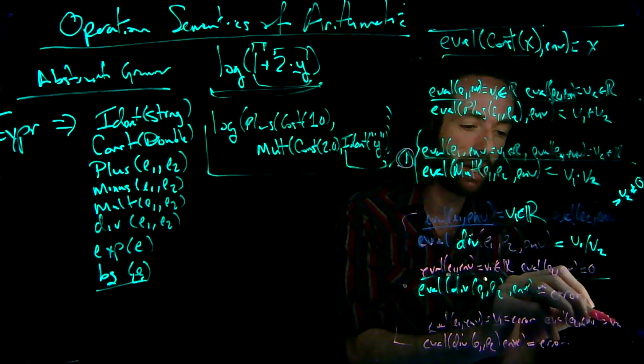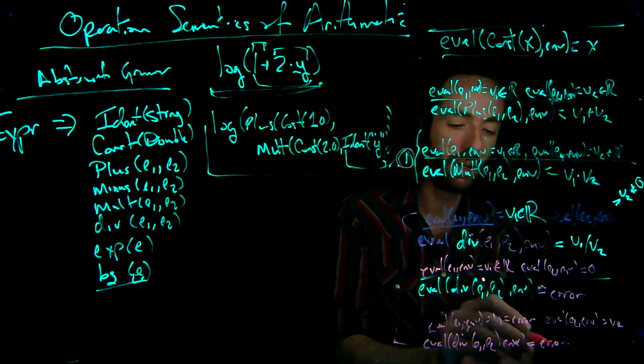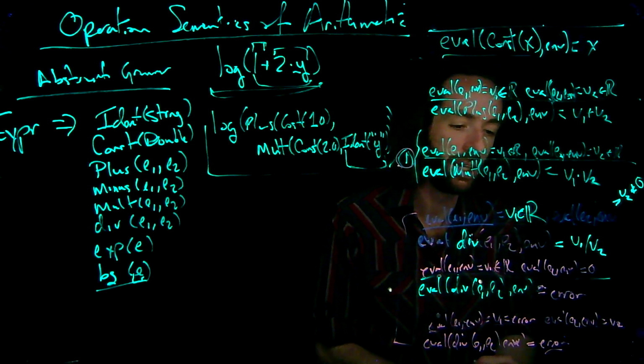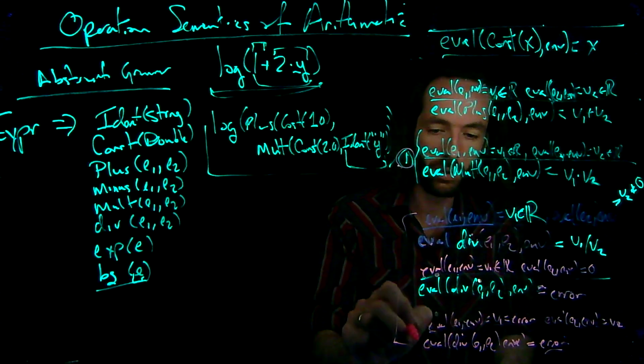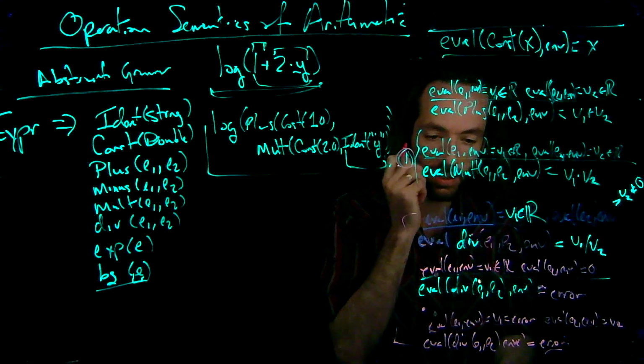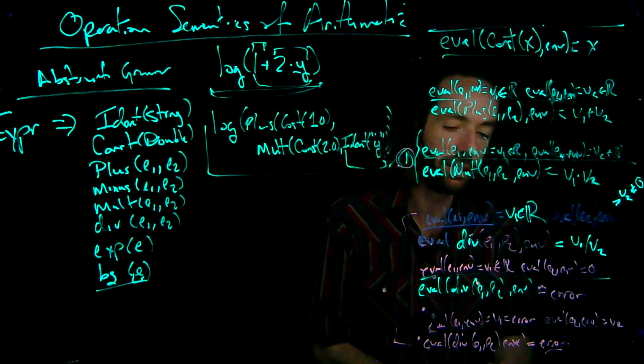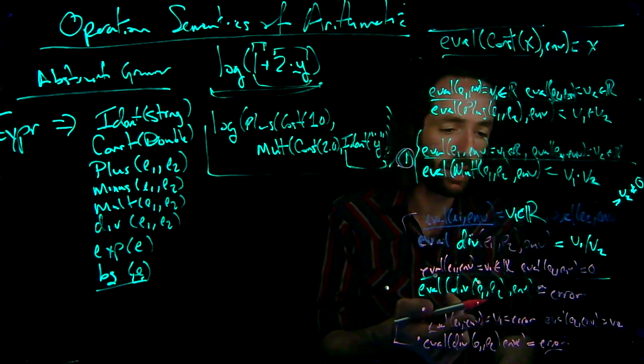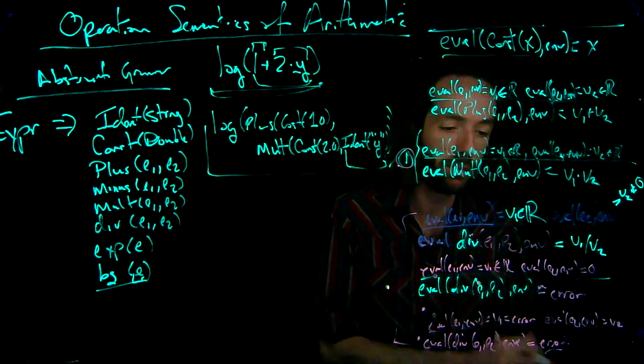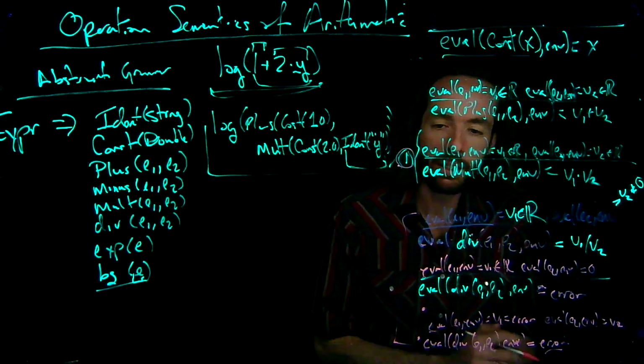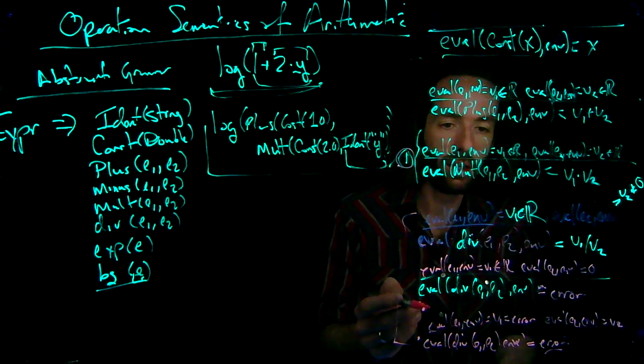It doesn't really matter what v2 is. We're just going to throw an error if e1 is an error. And likewise, there should be one more rule, identical to this, except that it's when v1 is not an error, but v2 is. And that should cover all of our cases.